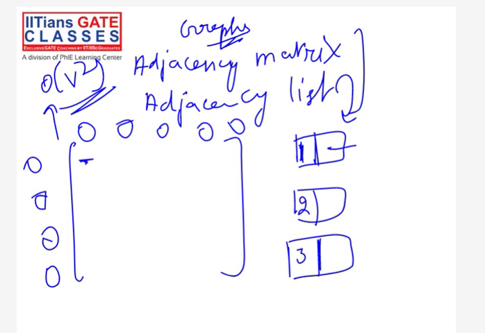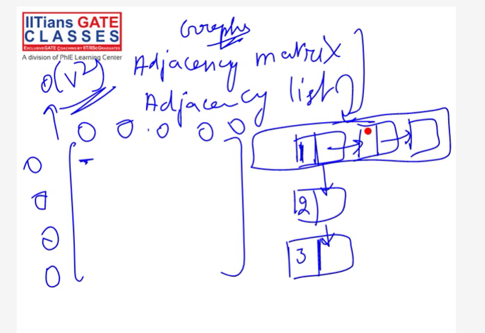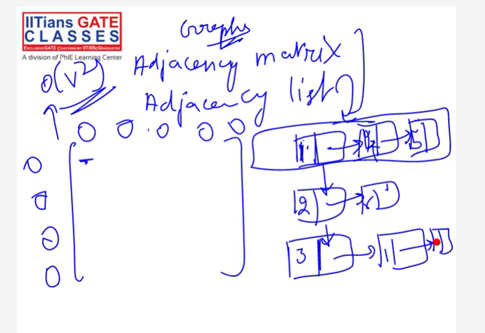And all the adjacent vertices connected to 1 will be attached on the right hand side of 1. So if I have 4 and 5 over here, that means 1 has a direct edge with 4 and 1 has a direct edge with 5. Similarly, 2 only has a direct edge with 6. So 3 has maybe 1 and 2, so 3 has a direct edge with 1 and with 2. This is called adjacency list. Is this clear?